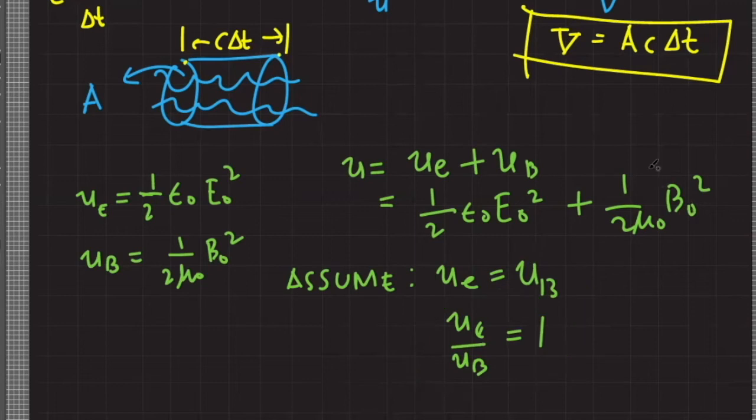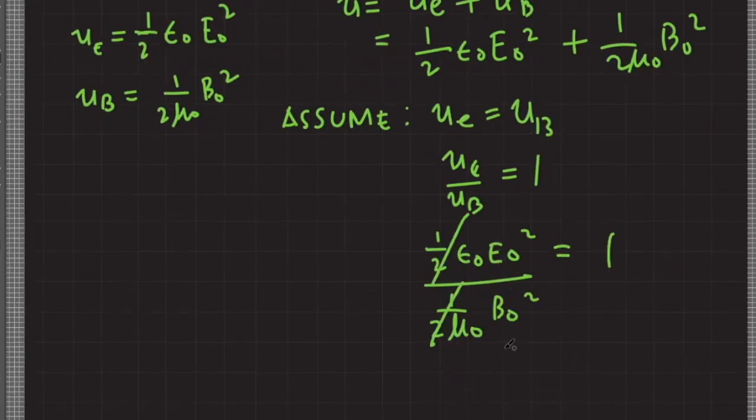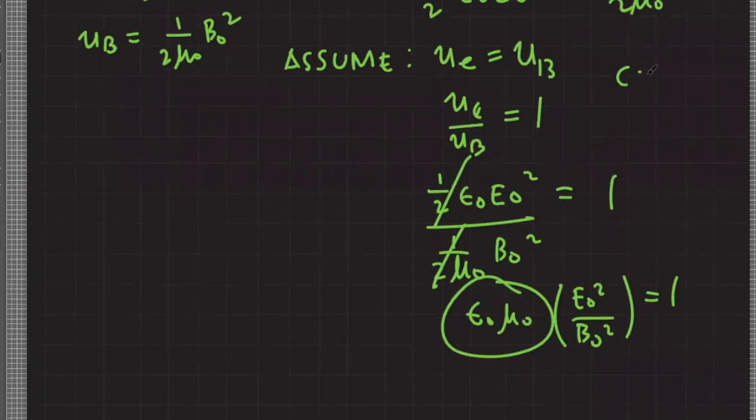So if I try to plug this here, I'll end up with epsilon naught E sub 0 squared over mu naught B sub 0 squared equals 1. Recall that C equals 1 over square root of epsilon naught times mu sub naught.